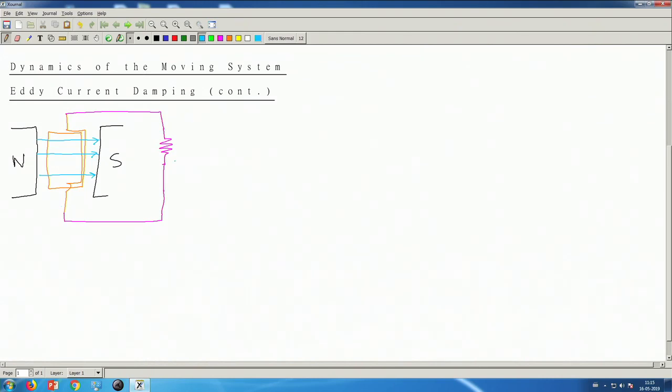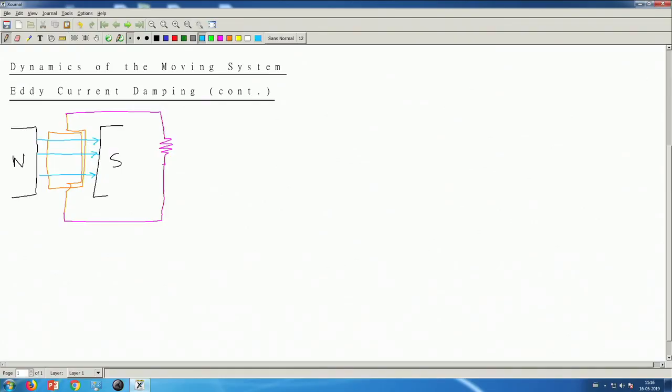This is a very simple circuit, but even now, if the coil starts to rotate for any reason, then it is a coil inside a magnetic field. It is basically like a motor. Some EMF will be induced because the sides of the coil are moving through the magnetic field.